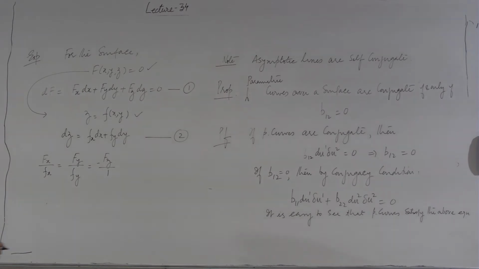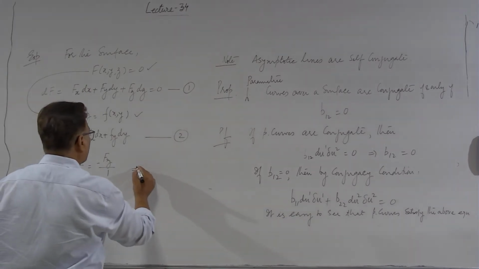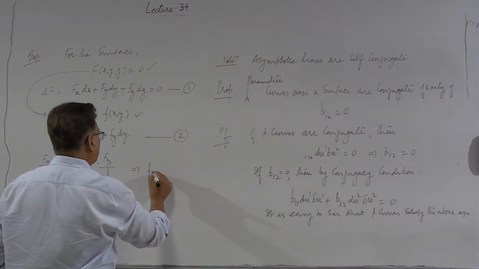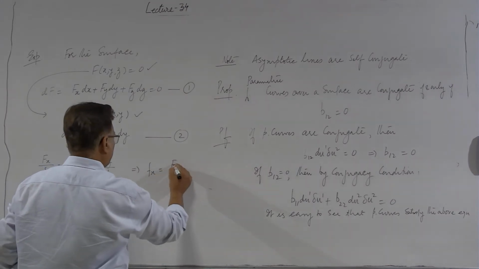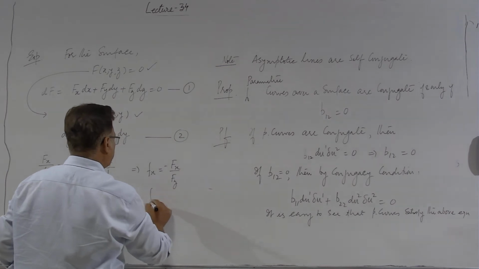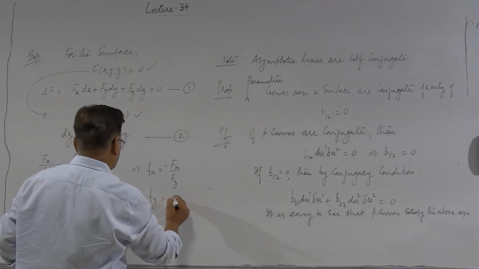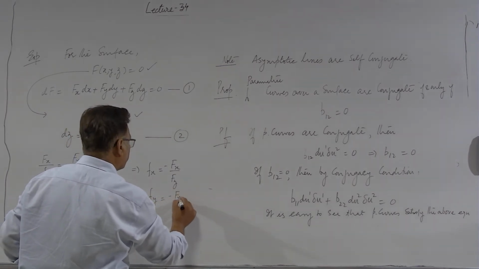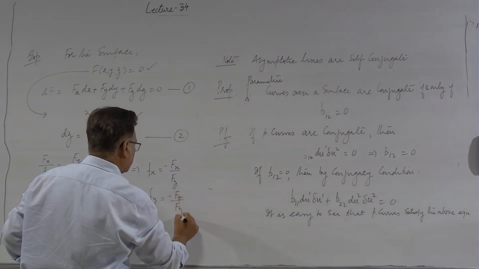So, this gives me small f_x equal to minus F_x upon F_z, and small f_y is minus F_y upon F_z.